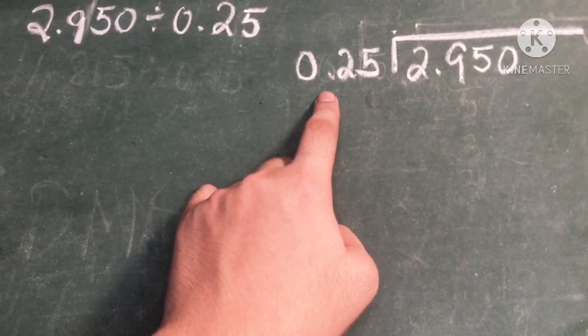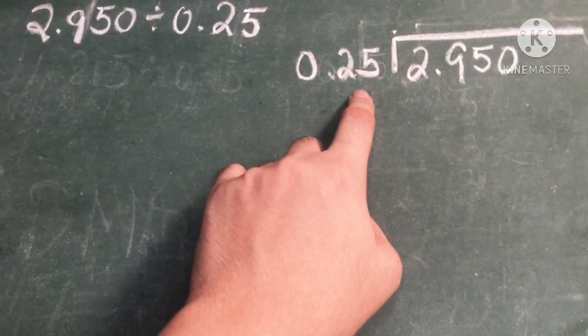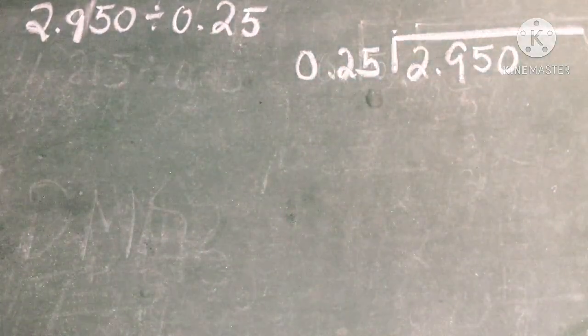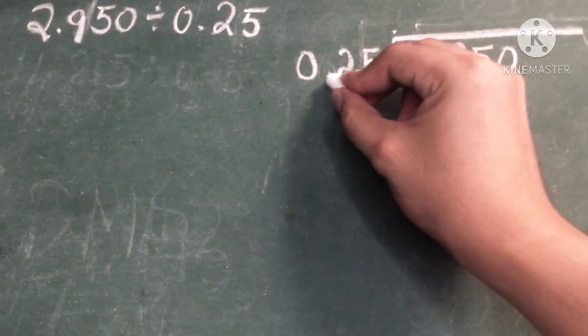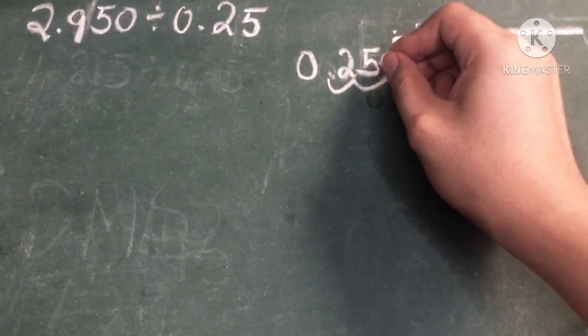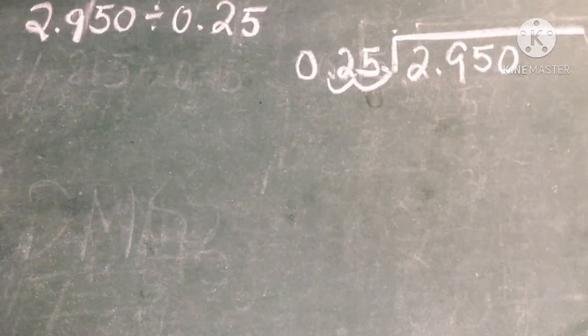First step, gagawin muna natin ulit itong ating divisor ng whole number. From decimal number magiging whole number. So, move lang natin yung decimal point going to right ng twice. 1, 2. So, dito, magiging 25 na siya.